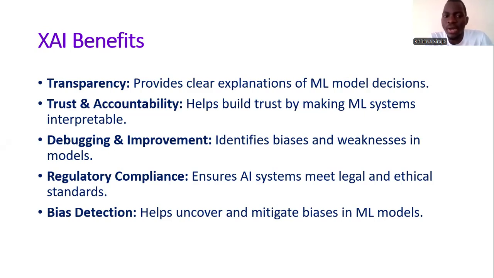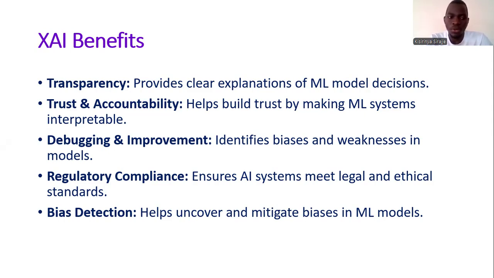It also helps in debugging and improvement of the model, that is, it identifies the biases and weaknesses in the model, and helps in regulatory compliance, which helps to ensure that the systems meet the legal and ethical standards while developing these models.